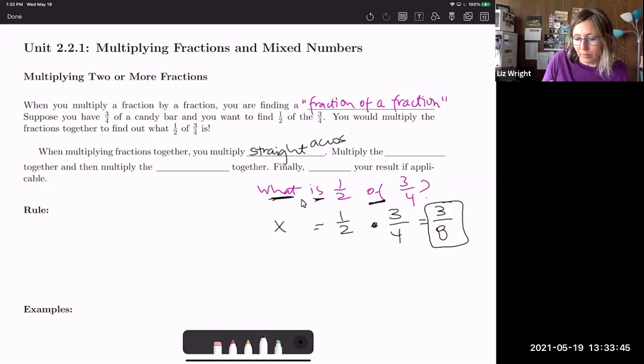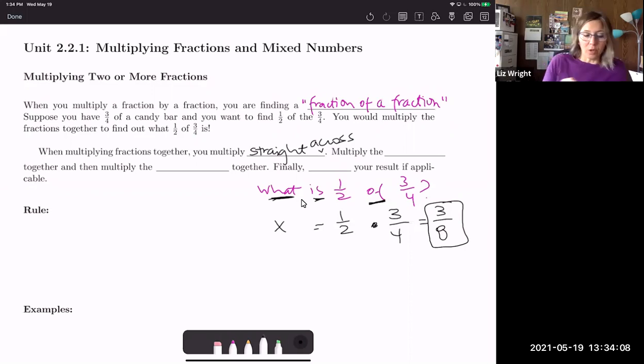So I hope you noticed too, did I have to find a common denominator in order to multiply? No. That's another common error I see, is that students will try to get a common denominator when they multiply. And as long as you do it correctly, you'll still get the same answer at the end, but it's an extra step. And when we put extra steps in our process, sometimes we end up making more mistakes.